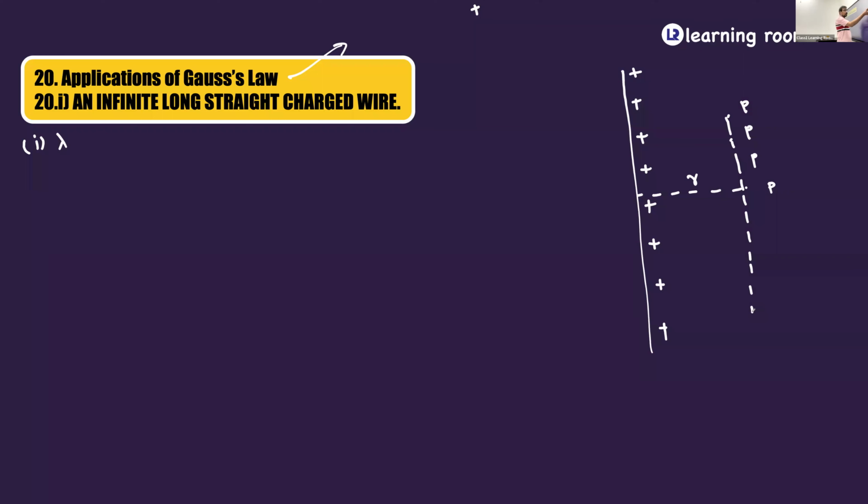Similarly, this point P could have been on the other side at the same distance r. That is another straight line. But at the same time, this point P could have been here in the space. It can be anywhere. So when you join all those points, the shape that you are going to get is a cylinder.